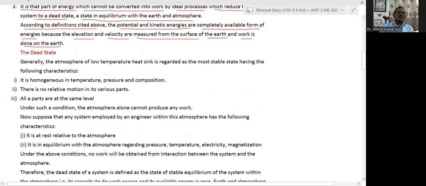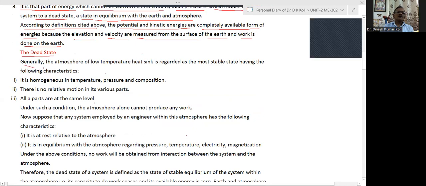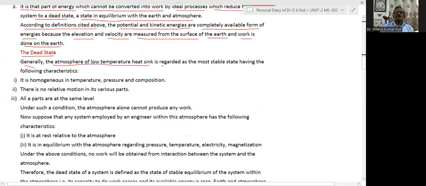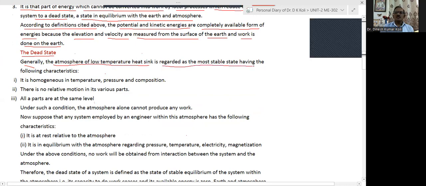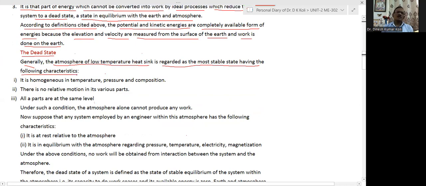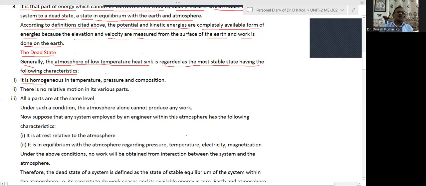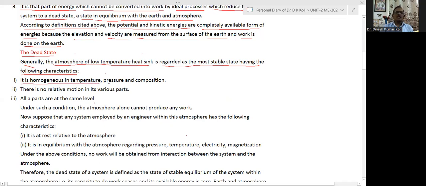Now, what is the dead state? Generally, the atmosphere or low temperature heat sink is regarded as the most stable state having the following characteristics. Our atmosphere, which surrounds the earth, is available everywhere and it is the most stable state. It is homogeneous in temperature, pressure, and composition.